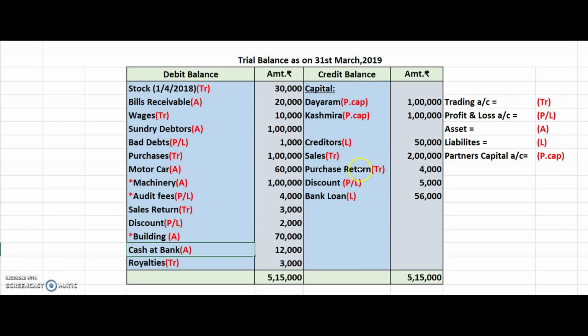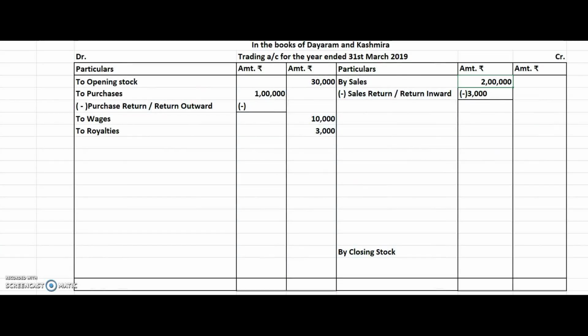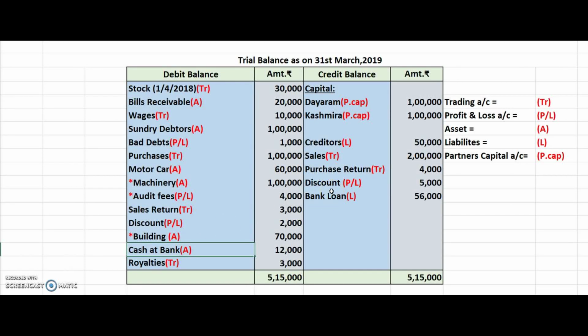Next is purchase return, which is also trading account. Again, this is on the credit side, but then it has to be deducted from the debit side from purchases. So because it was a credit item brought on the debit side, you are supposed to subtract it. Next is discount.